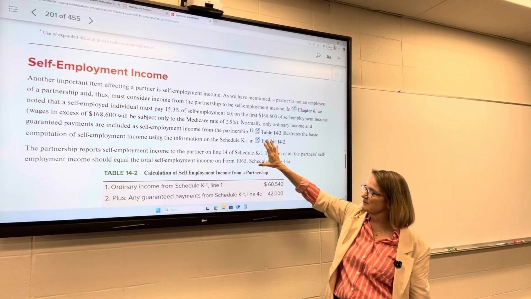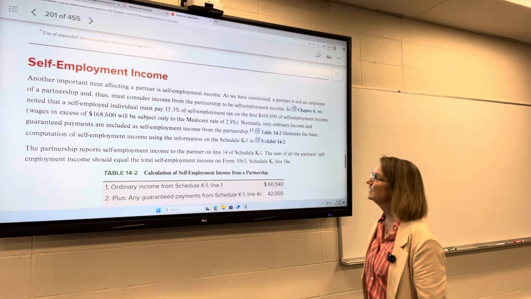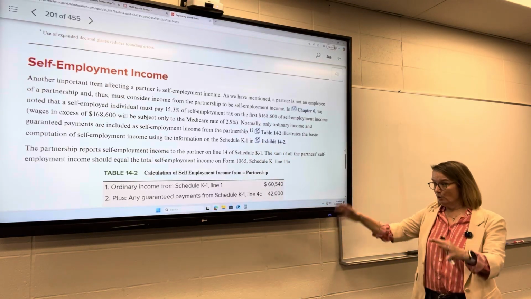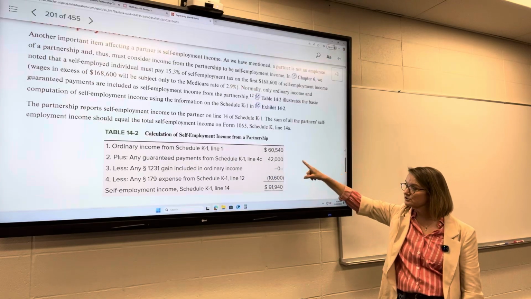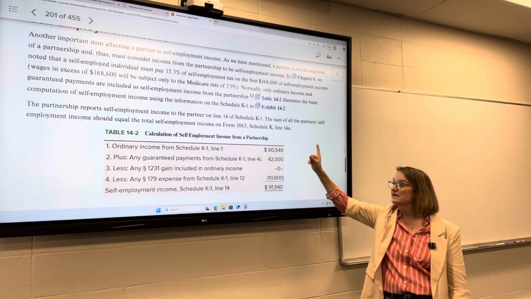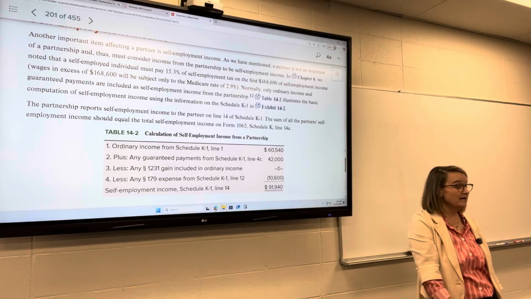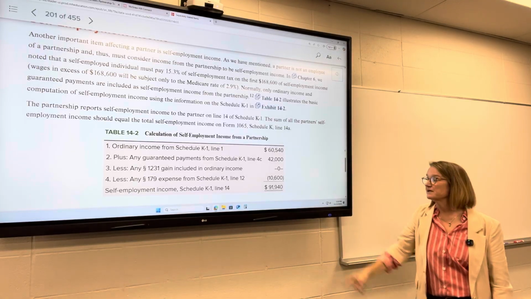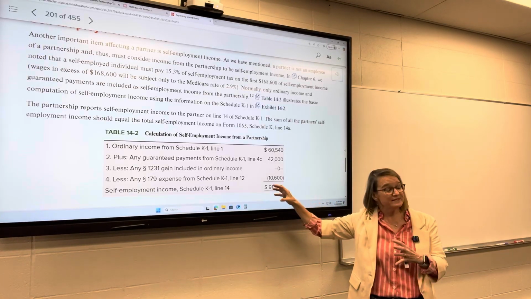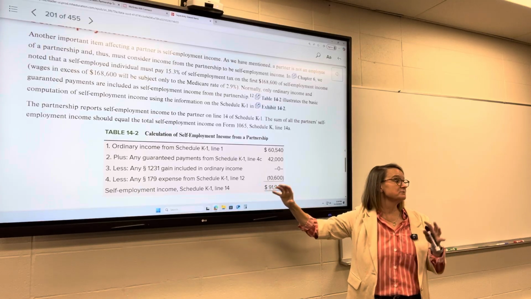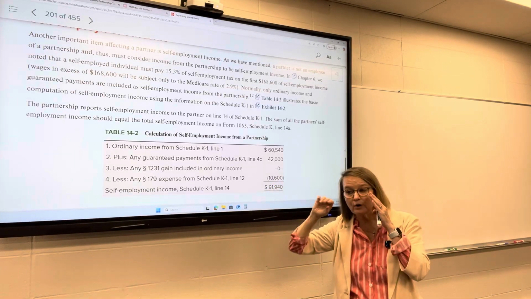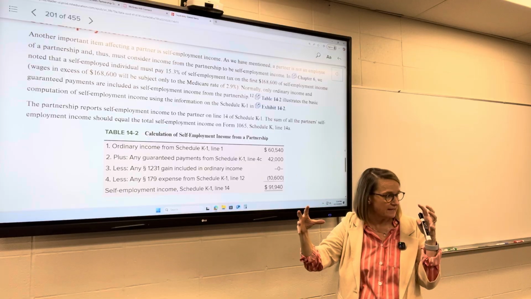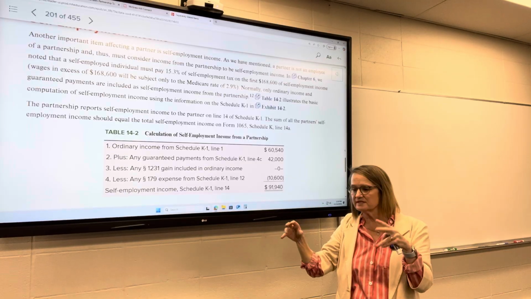I kind of already talked about the self-employment income, the fact that the ordinary income is considered to be self-employment income, but guaranteed payments are also considered to be self-employment income, but then you get to deduct the 179 expense from that, because remember that 179, the only reason it's separately stated is because each partner has their own limits that they have to meet on that 179.